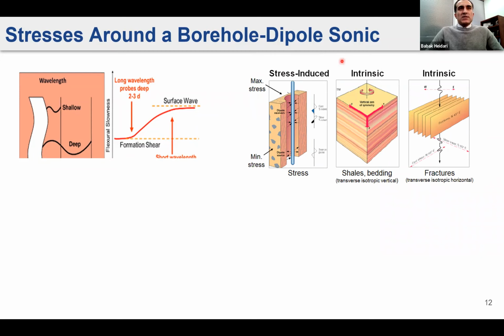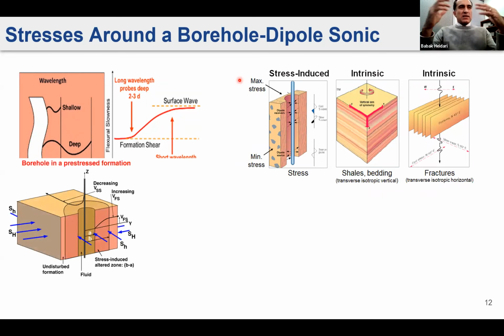In the world of geomechanics, I'm not saying we are not interested in these aspects. Understanding the TIV mode and shale layer properties in terms of rock mechanics is interesting. But in terms of characterizing the stresses, we are looking to see what the effect of stress anisotropy is on the dipole measurements.